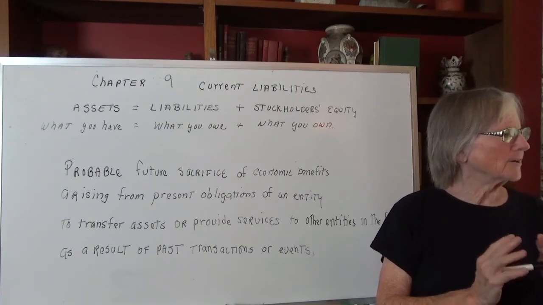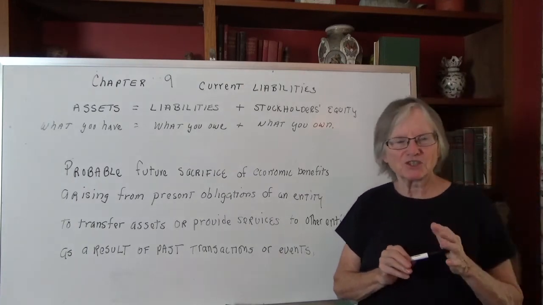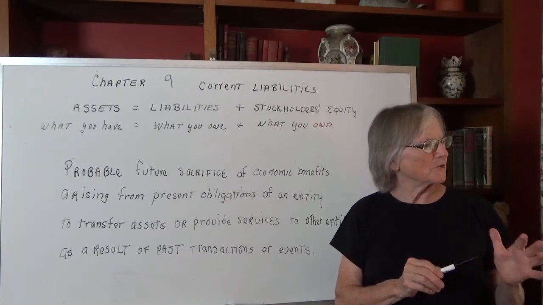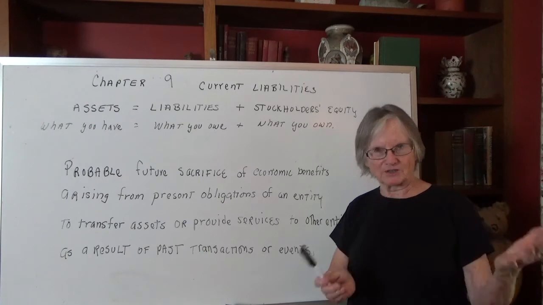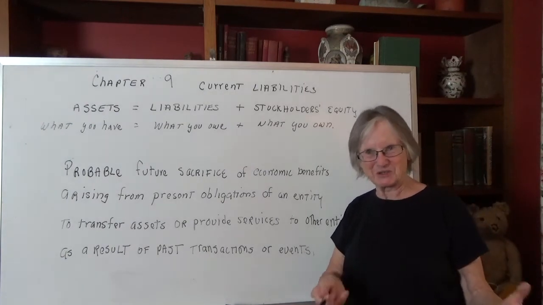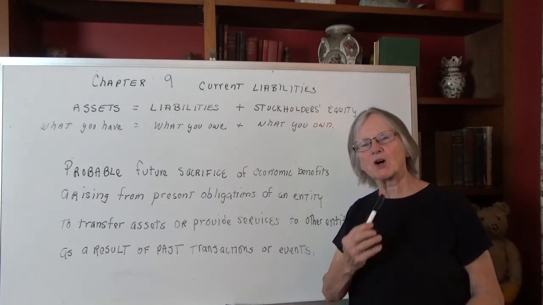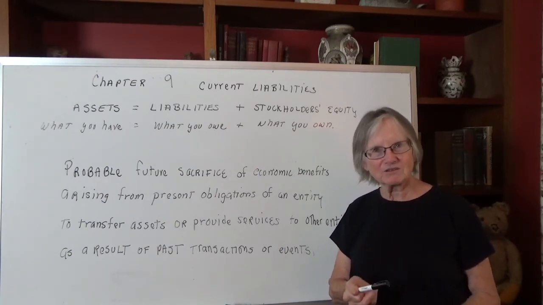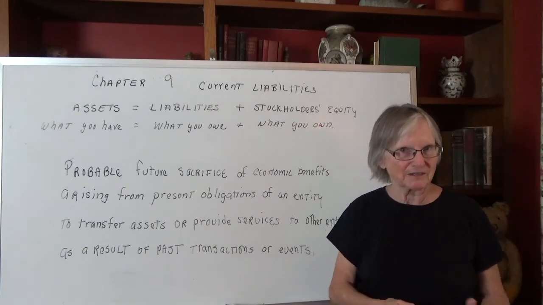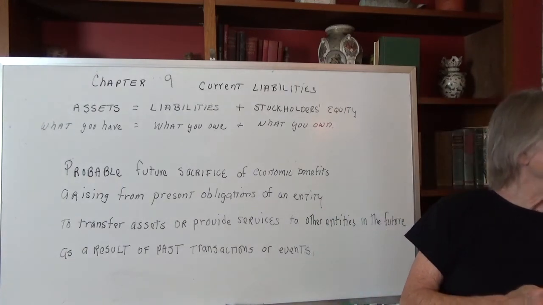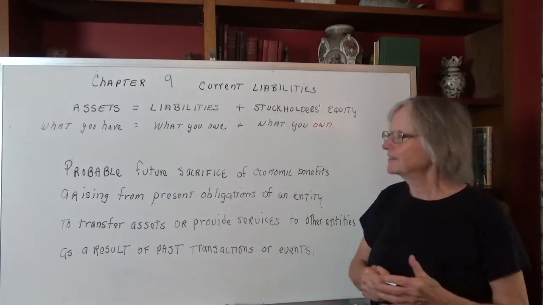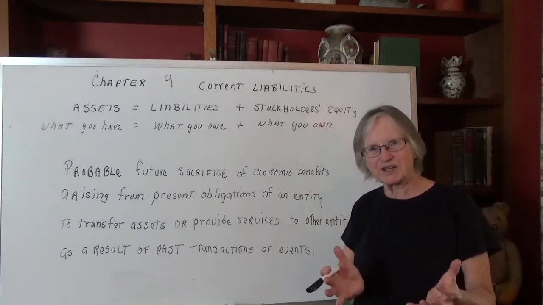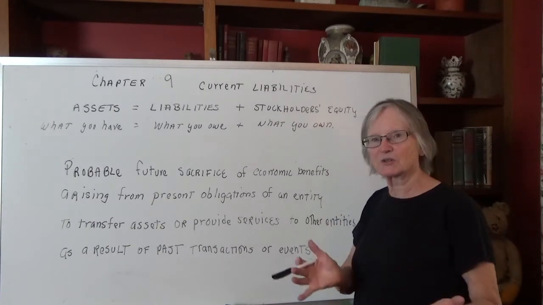We have to meet a couple of conditions to call something a current liability. The first is what I just said: we're going to pay it within a year or the operating cycle, whichever is longer. But also, we have to use up current assets in order to satisfy the obligation. What does that mean? That means that if we're going to use current cash, then we can call it a current liability.